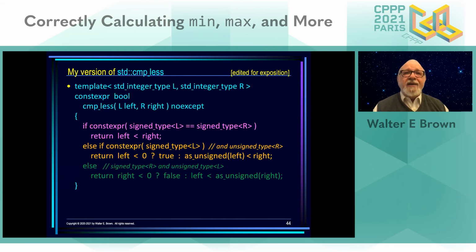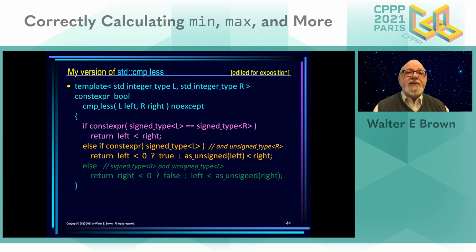So if it's the left operand, or I should say the first argument, that is signed, then we check to see if it's negative. Well, if it's negative, it's clearly less than whatever value is on the right, since that's unsigned. So we return true. Otherwise, I convert the left value to its unsigned equivalent and do a strictly unsigned comparison, which is safe because I know that the left value is not negative.